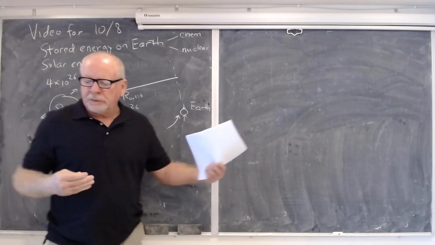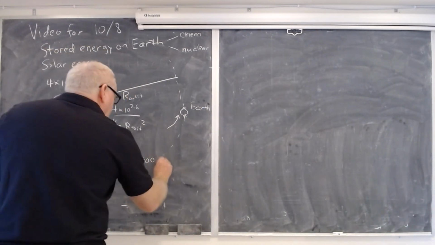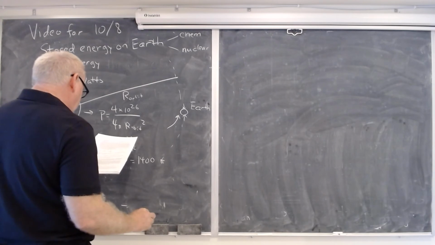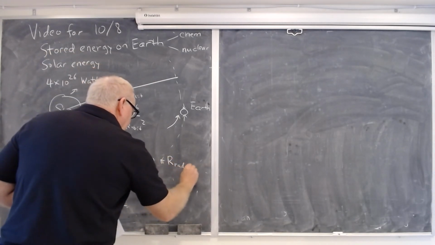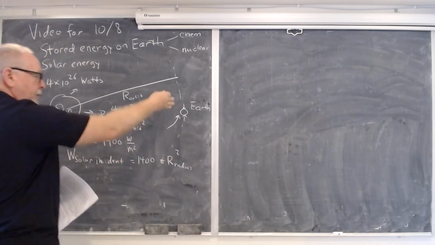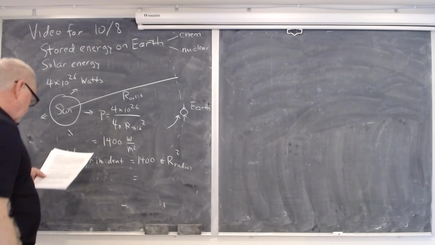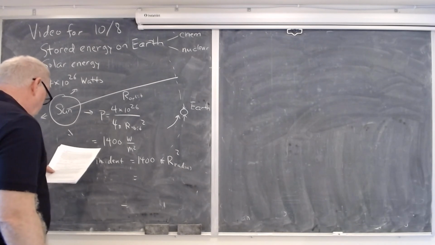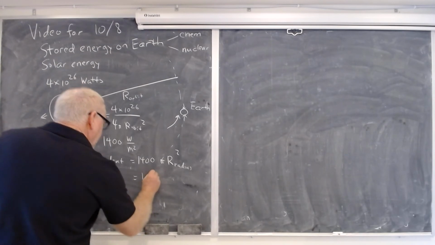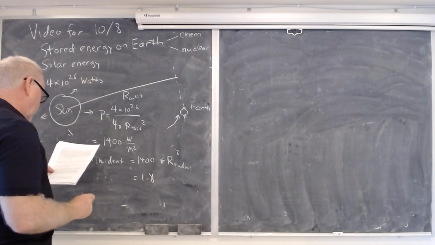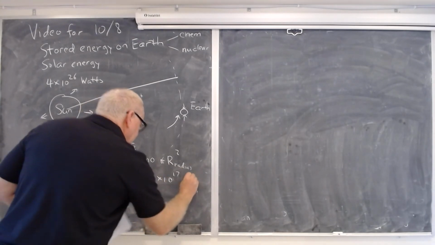I mean, the Earth is presenting itself as a disk, basically. Pi, and I used r for the radius of the Earth, squared. Pi r squared, the area of that circle. And that works out to, okay, I'll write it out first this way, 1.8 times 10 to the 17 watts.